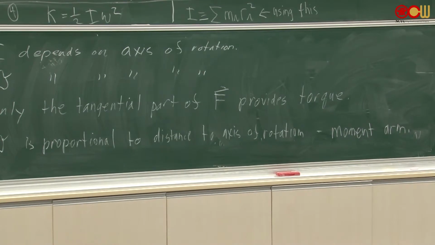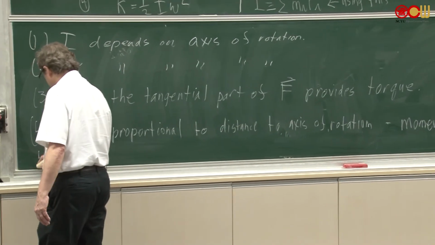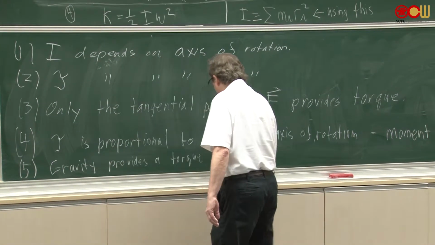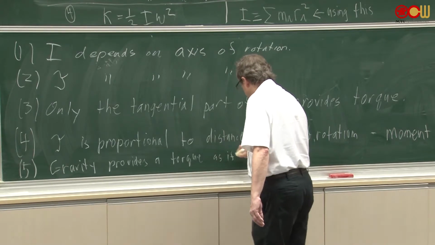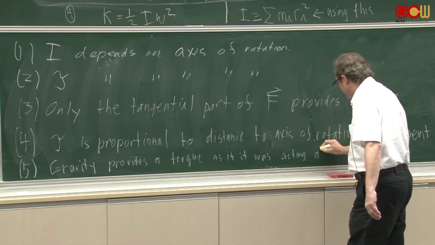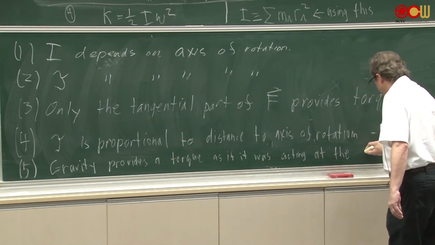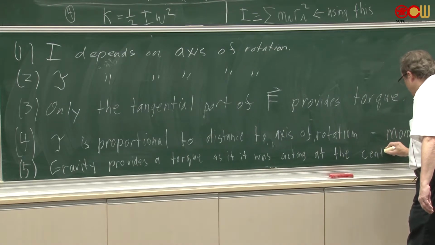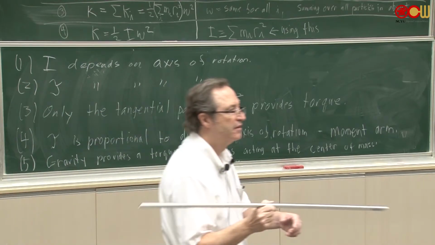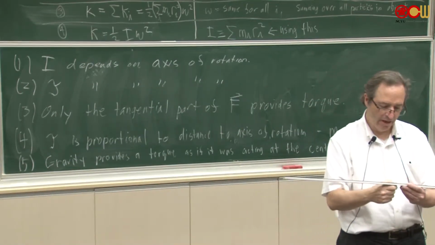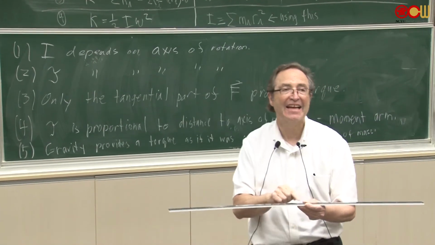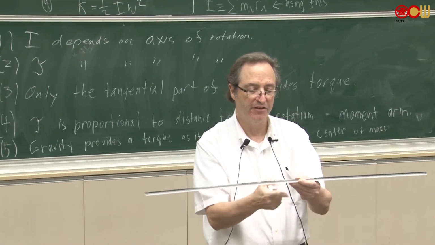And then the last one, which is very useful, is gravity provides a torque as if it was acting at the center of mass. Gravity is acting on every mass in this object, but we don't have to worry about that. We could pretend that gravity is just acting at the center of mass, which would be the center there.